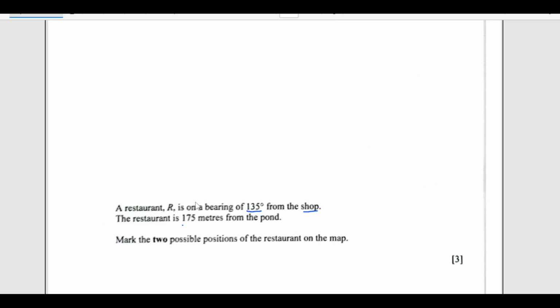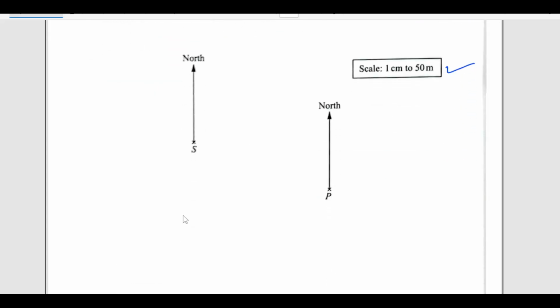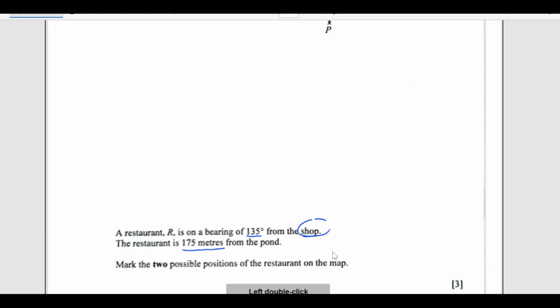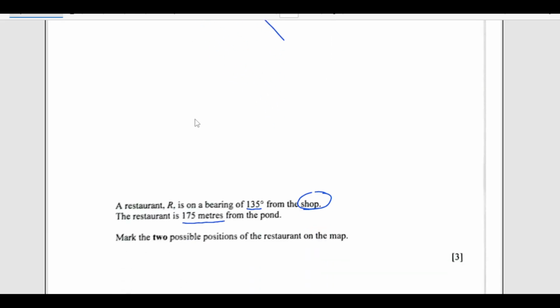The restaurant is 175 meters from the pond. So restaurant R is at a bearing of 135. So from the shop, go to point S and make an angle of 135 from this side. Then you draw a line like this. Okay, so then we will see the measurement.